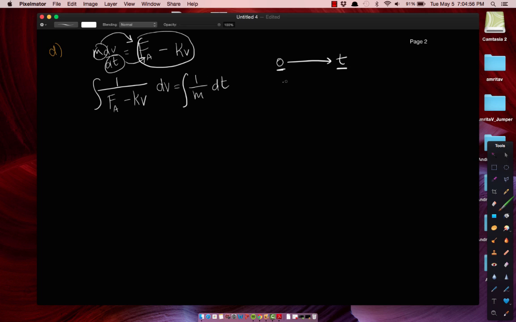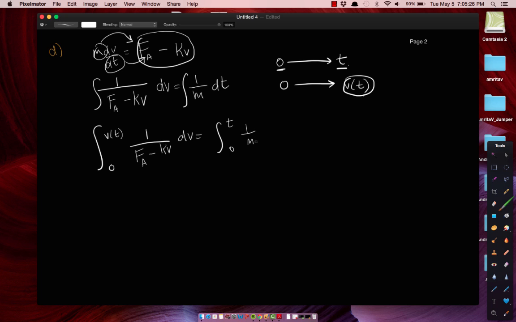But for v, our bounds are from 0 to v of t, because this is the value at that certain time t. So we have the integral from 0 to v of t of 1 over Fa minus kv dv is equal to the integral from 0 to t of 1 over m dt.